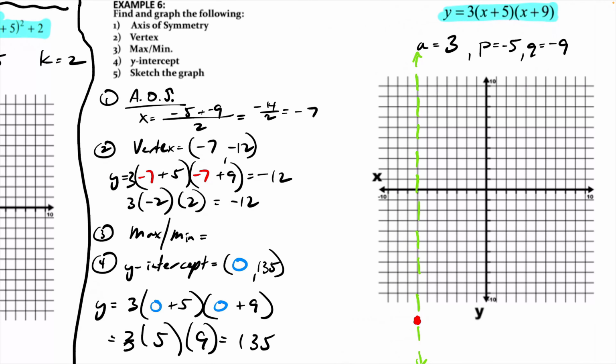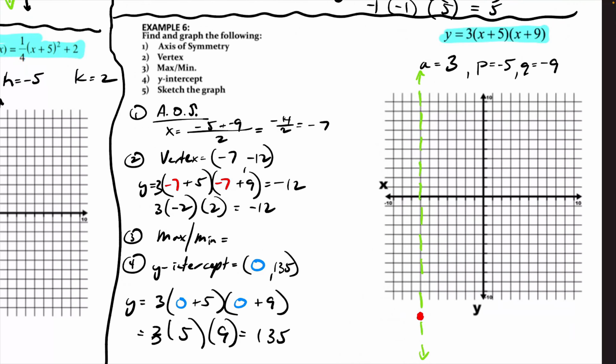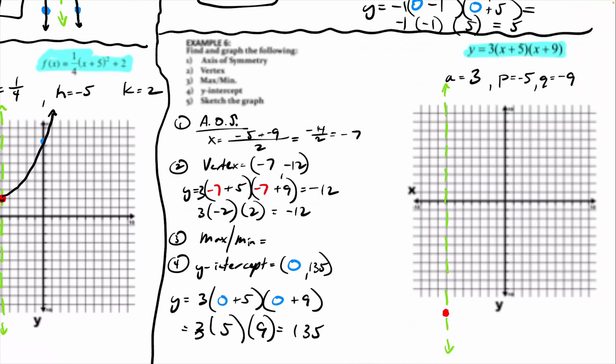So 0, 135. That's way off my graph. So what do I do? Guesstimate. Go as high as you can up. Right about there. That's about as high as I can go without getting into the other problem.